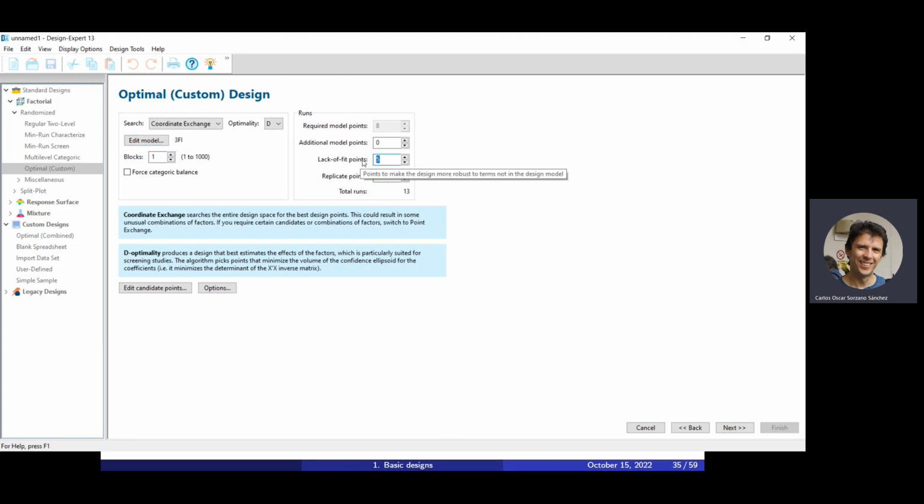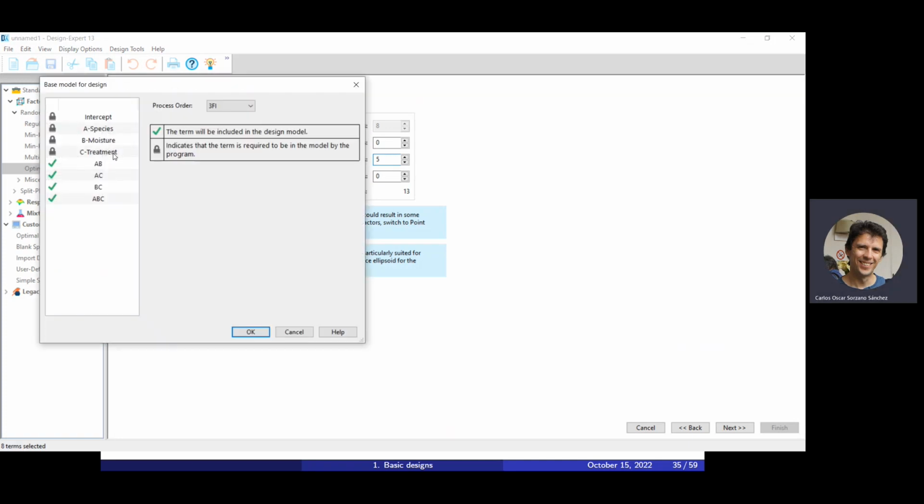So how many parameters do we need? How many degrees of freedom do we need? We have 3 here, another 3 makes 6, and 1 makes 7. So we need 7 degrees of freedom for the estimation of the parameters of the main effects and interactions.